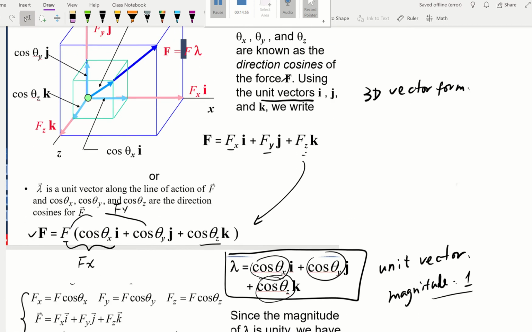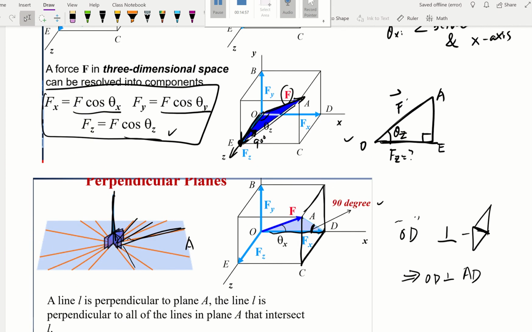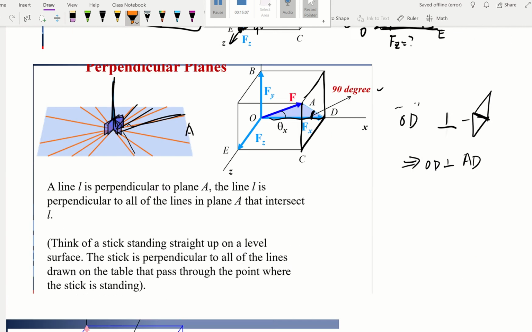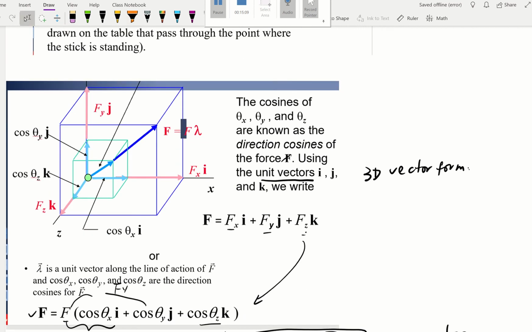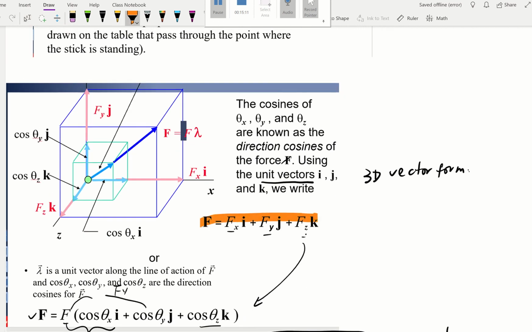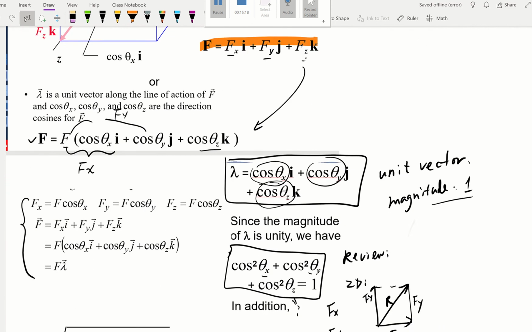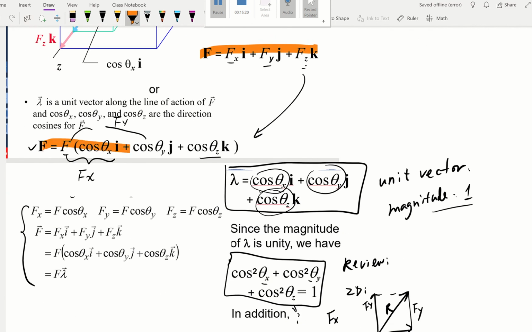A quick wrap up, those are the important equations I'm going to highlight. First one, the decomposition, and understand why, how do we get this. And once we know that, we're going to write in a 3D vector form, Fx, Fy, Fz, and we can go ahead and plug it in here.